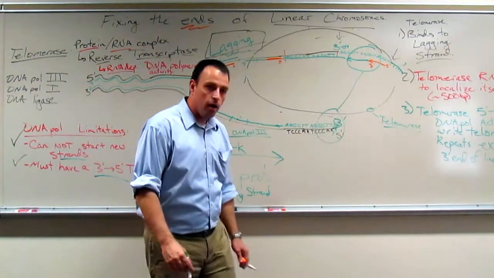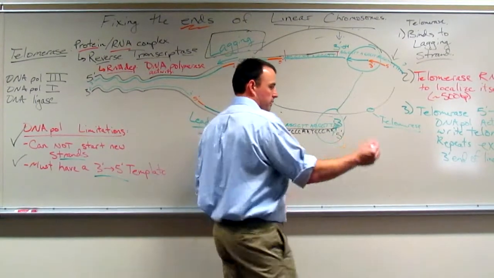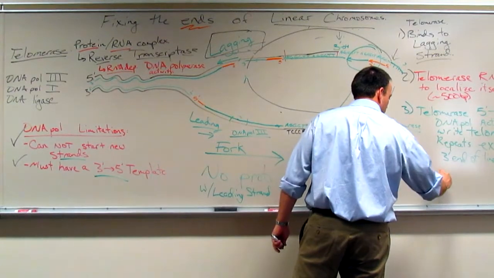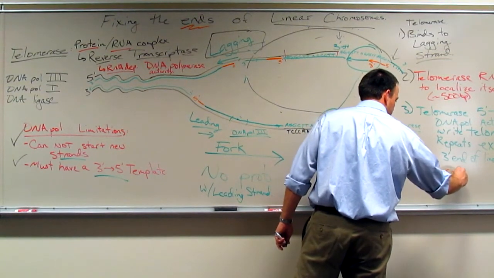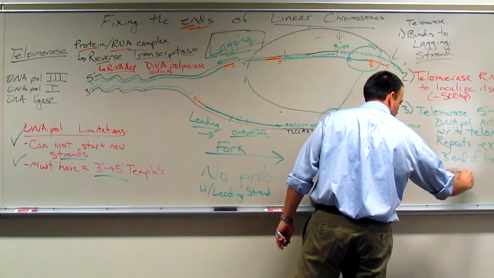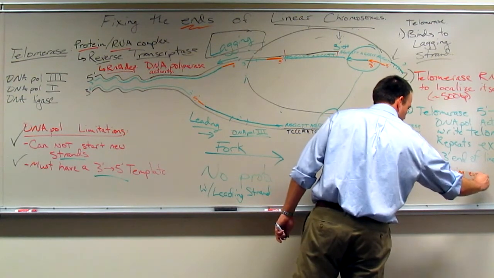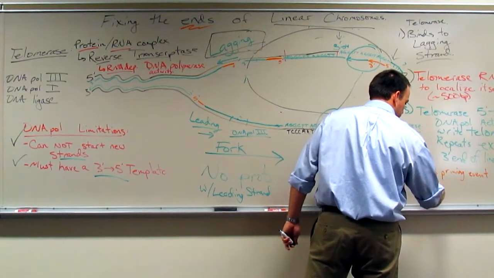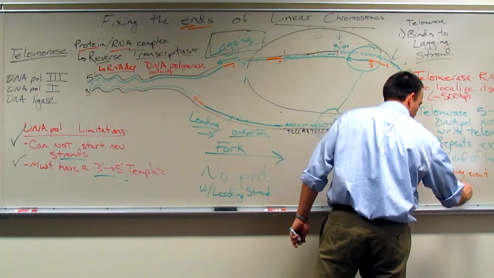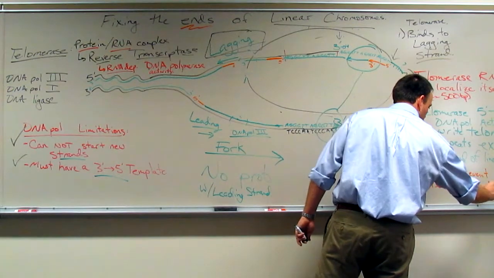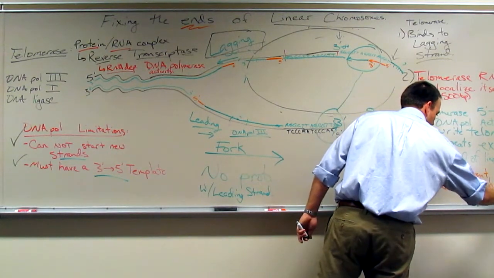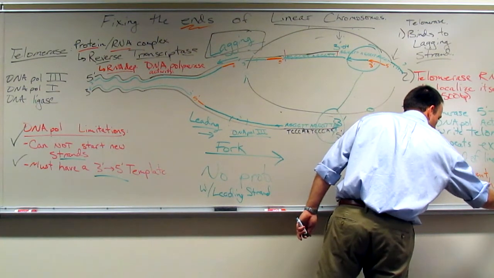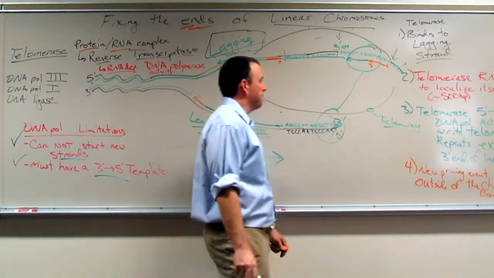All this extra DNA simply allows for a new priming event outside of the old chromosome boundary.